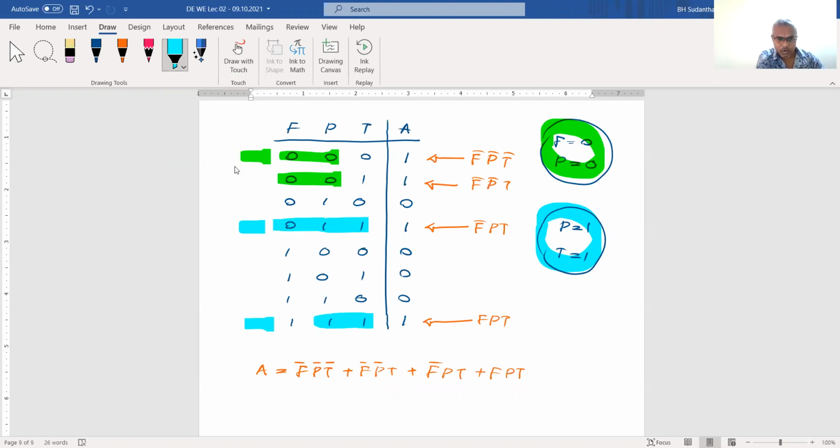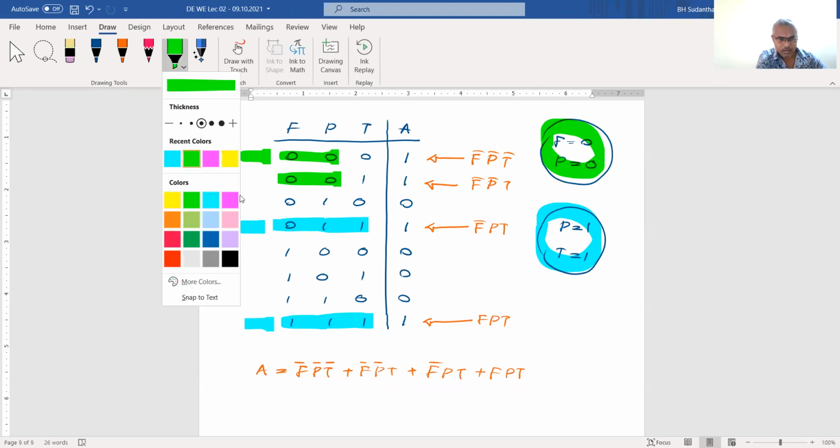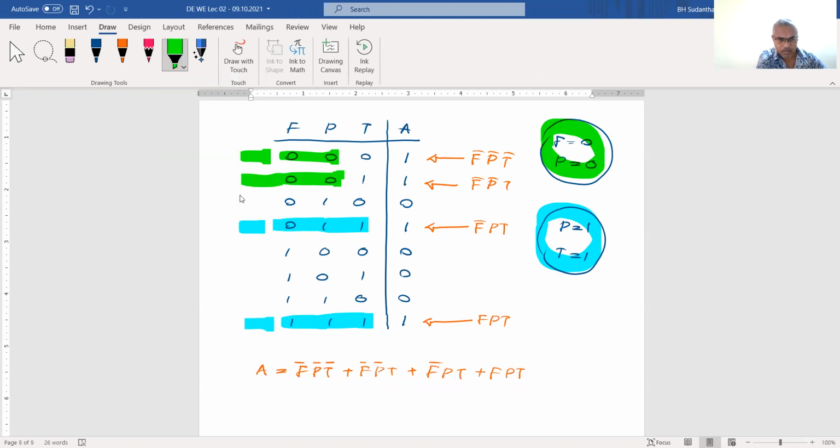This is the whole combination. In this case, F0, P0, we have two combinations. And for P1, T1 also, we have two combinations. Because of that, we have to consider all the combinations.